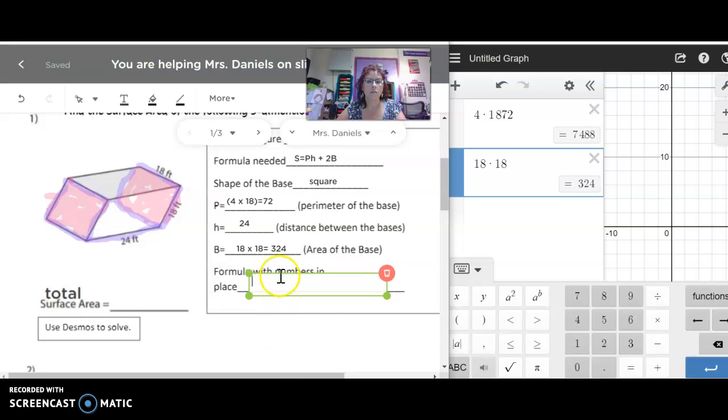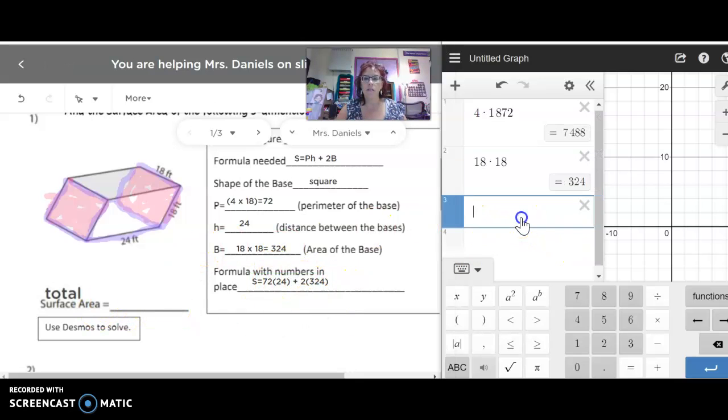Surface area is perimeter, so that's 72, times the height, or the distance between the bases, plus 2 times the area of the base. The area of the base is 324. Now all I have to do is put this in Desmos and I'll have my answer.